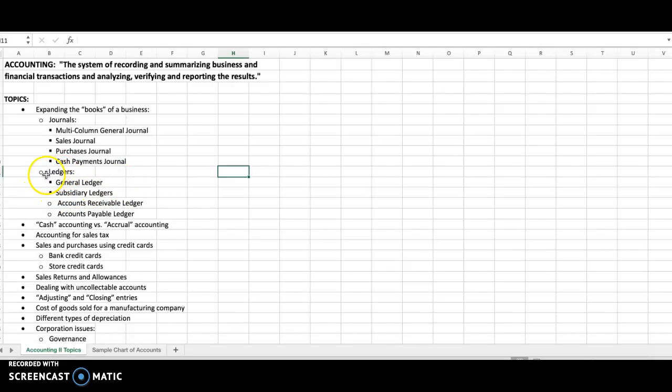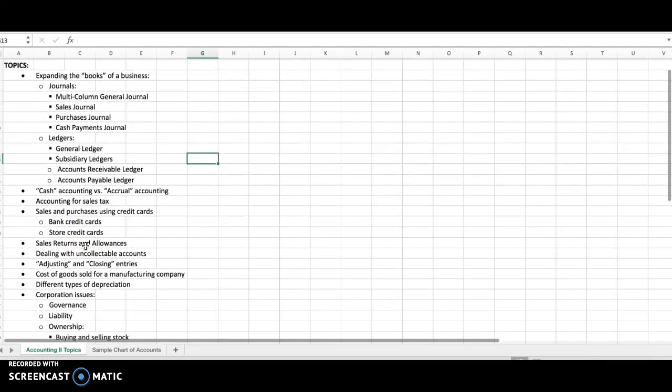Under the other book that you looked at in semester 1, the ledger, we have different kinds. The general ledger you are familiar with, but we also will look at a couple of subsidiary ledgers underneath the general ledger: an accounts receivable ledger, an accounts payable ledger. And those are pretty self-explanatory, but we'll be dealing with those in the near future.